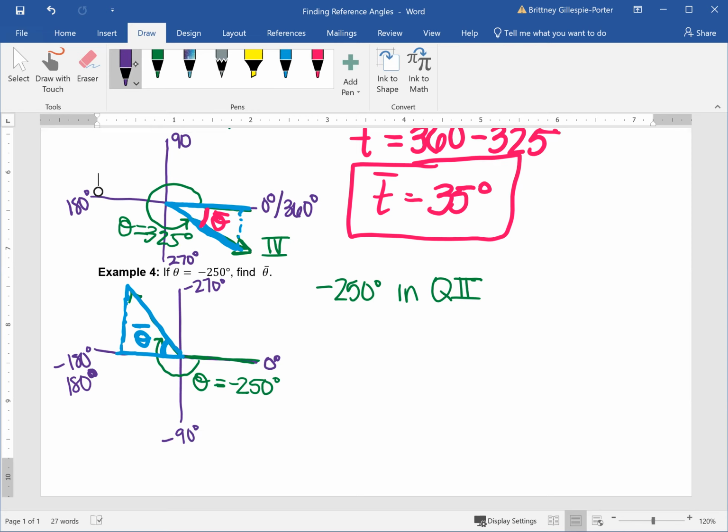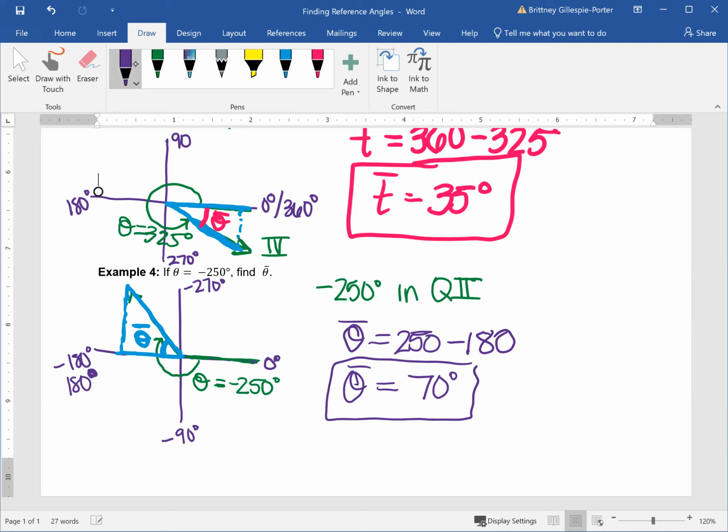It's more than 180. So for our reference angle, we're going to take 250 minus the 180 and find out that the angle of our little triangle here would be 70 degrees. So if we were trying to work with this reference angle to do our trig functions, the inside angle would be 70 degrees.